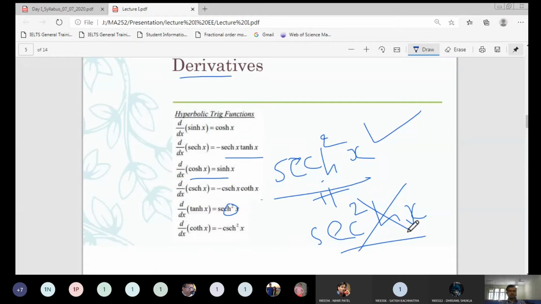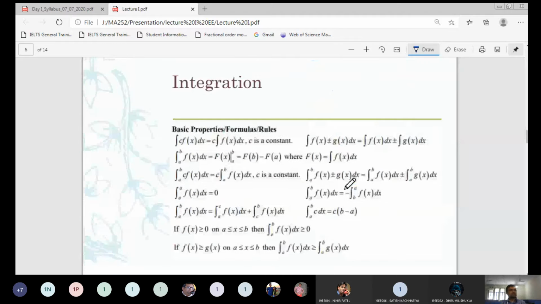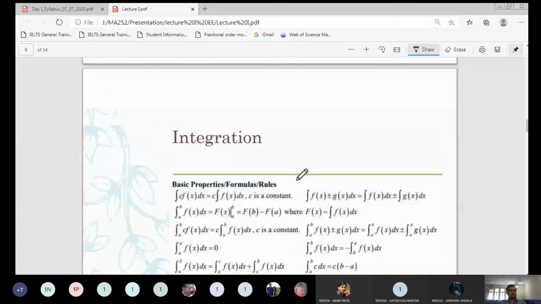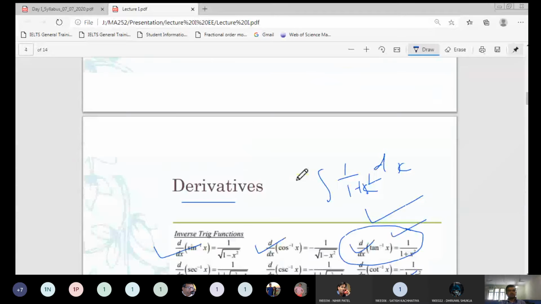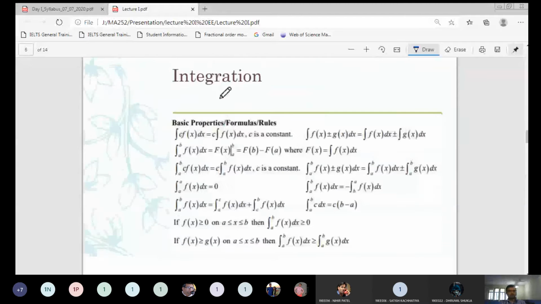Now we go for integration. You know that derivative and integration are opposite to each other. It means if you know the derivative formula, then you know the reverse formula for integration. For example, the integration of c f of x dx is the same as c times the integration of f of x.